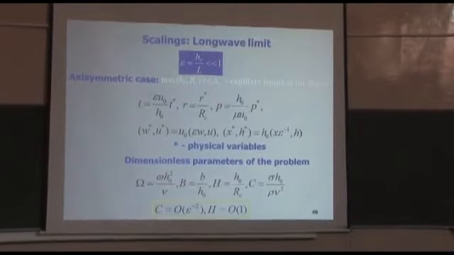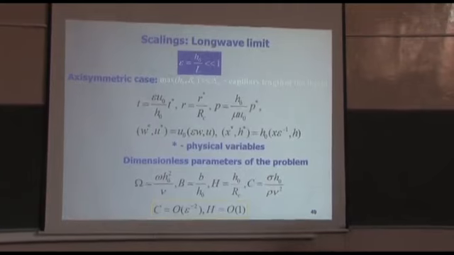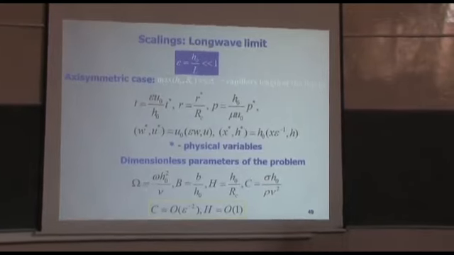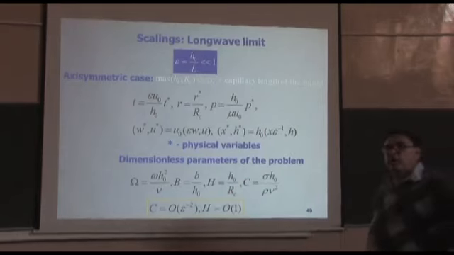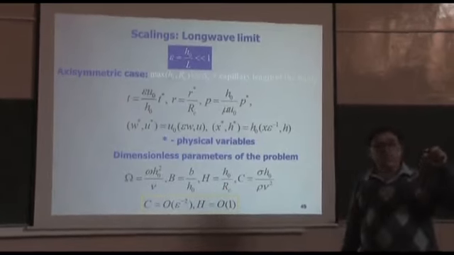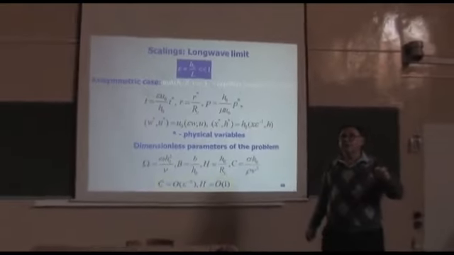And again, as I say, we look at the axisymmetric case and scale all the variables in the standard way and find that we have four non-dimensional parameters. Let me start with this one. It's a capillary number, actually the inverse capillary number. This one we call a geometrical parameter, which is the ratio between the thickness of the film and the radius of the cylinder.